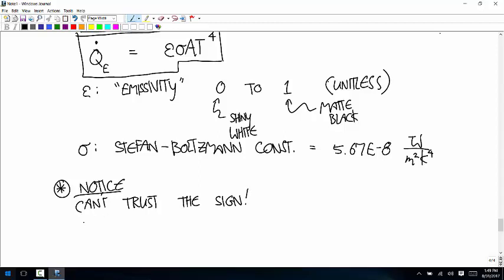A positive value of Q dot emitted just means that that object is emitting that amount of energy. So depending on what your system is, that might be the sign you want, it might not be. Okay.